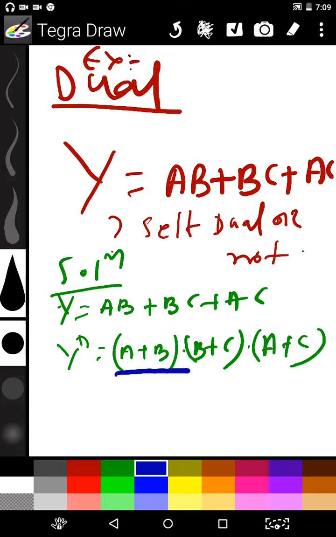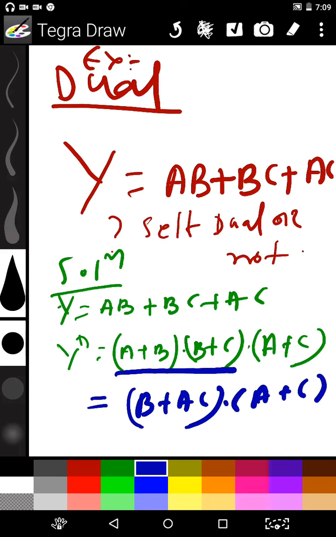Now from this expression, using Boolean theorem, we can express that (a plus b)(b plus c)(a plus c) is nothing but ba, which we can represent as ab, b multiplied with c, which is bc, and ac multiplied with a, which also gives ac, and ac multiplied with bc, which also gives ac.